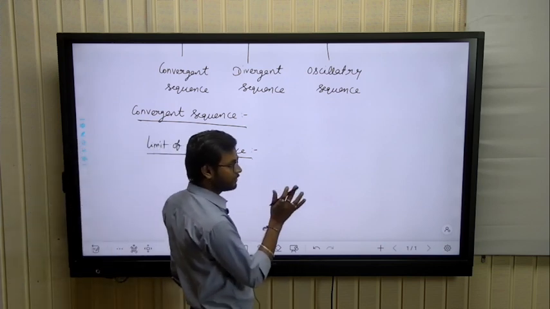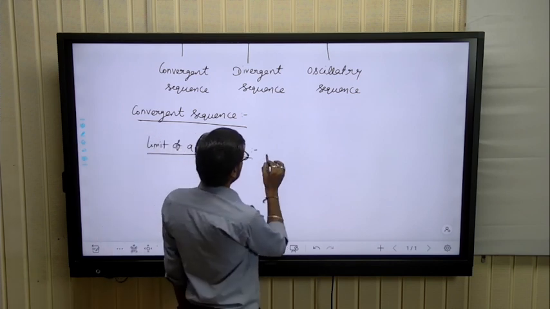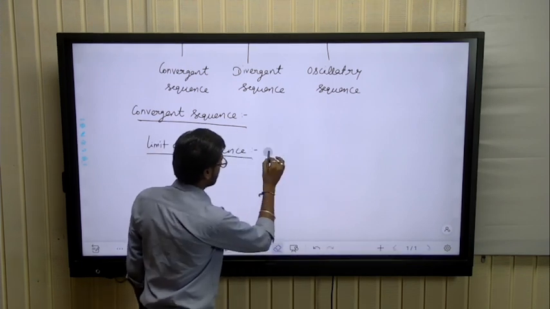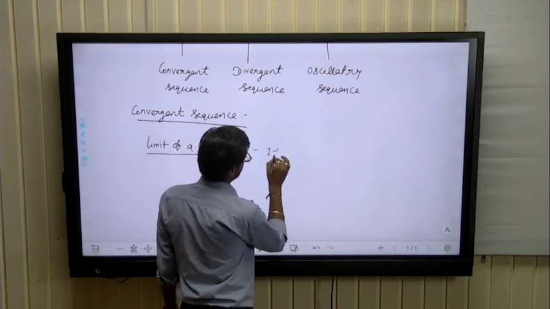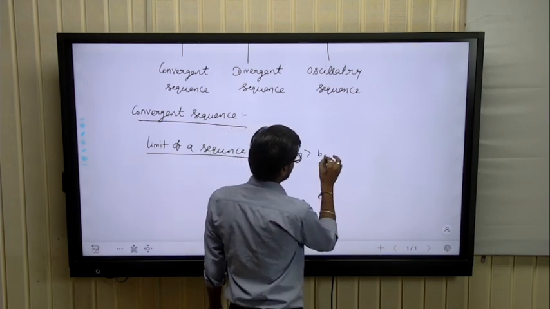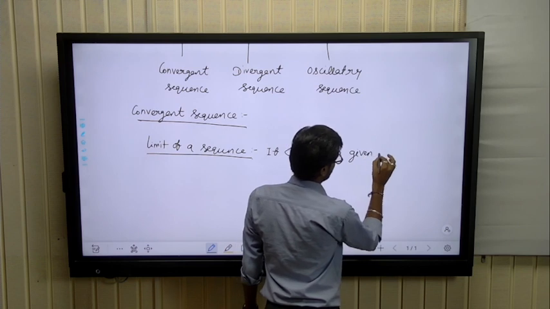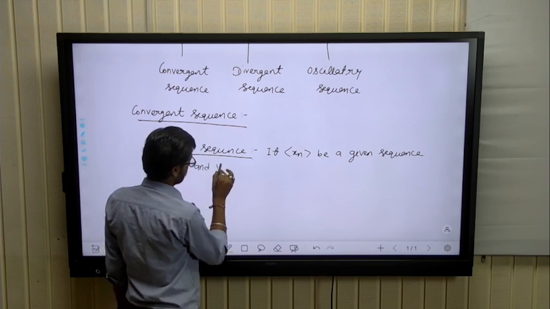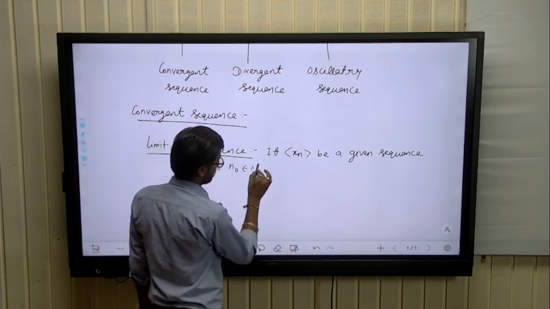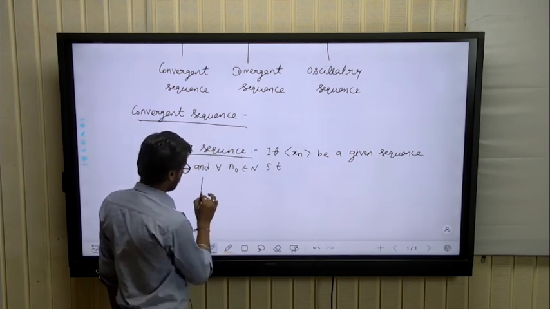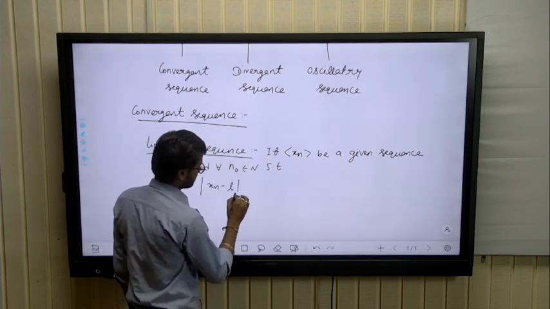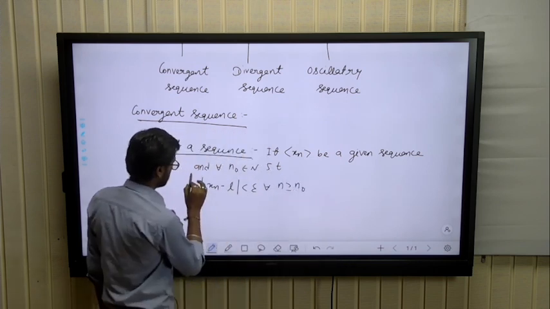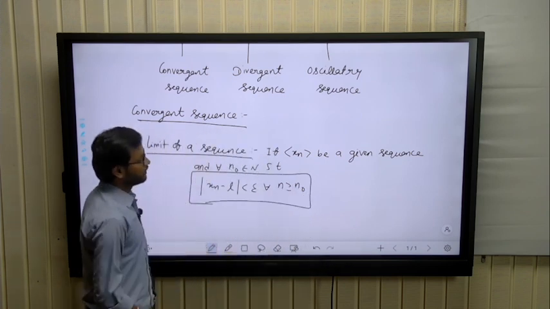The mathematical definition is: for all n belongs to N, you write like this, if xn is the given sequence, and there exists n naught belongs to N such that mod xn minus L is less than epsilon for all n greater than or equal to n naught. This is the mathematical definition of a limit of a sequence.